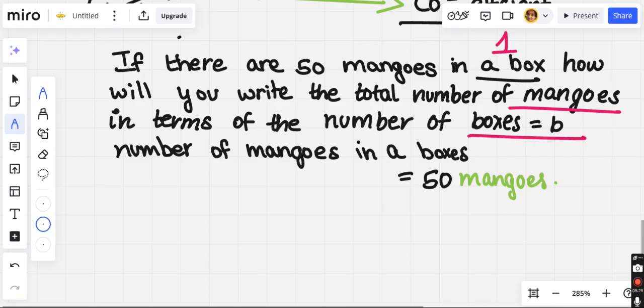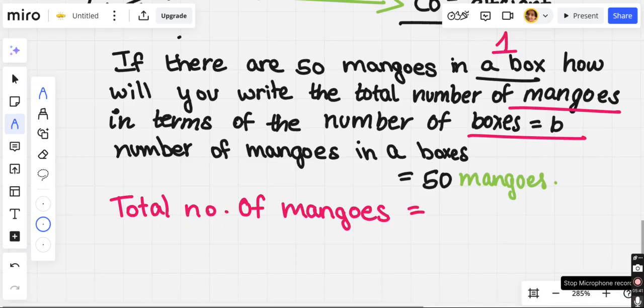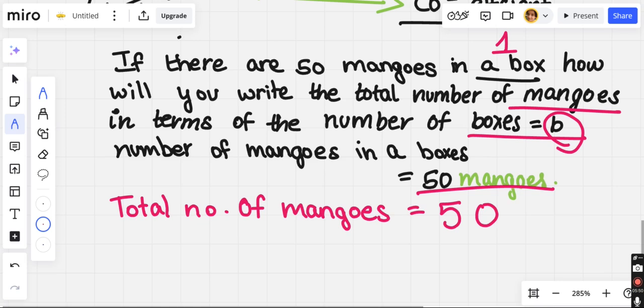So first I'm going to write total number of mangoes is equal to, in one box I have 50 mangoes, so I'm going to write 50 into b, which is equal to 50b.